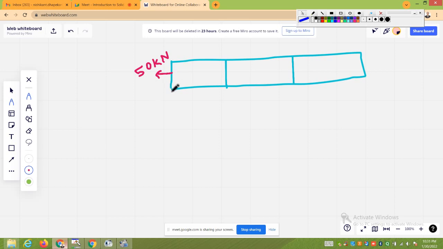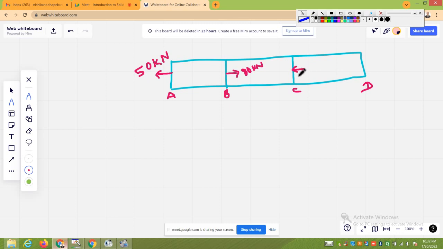Then suppose this is A, this is B, this is C, and this is D, right? At this section, there is an axial load of 80 kilonewtons, as given in the example, acting in the rightward direction.